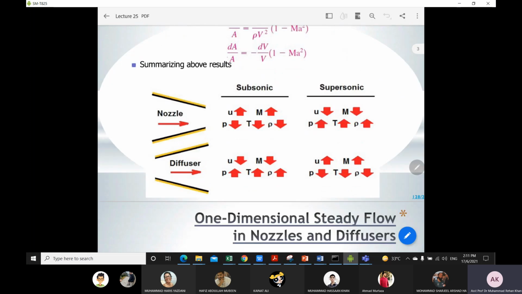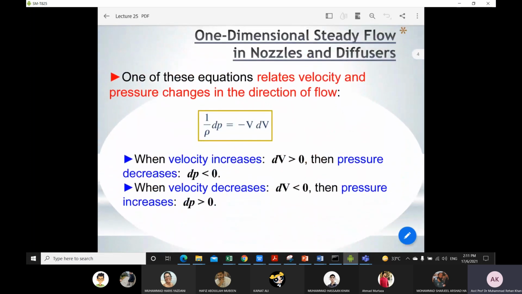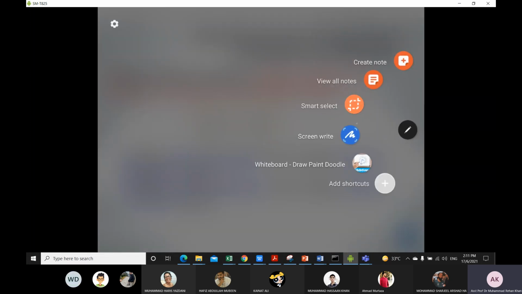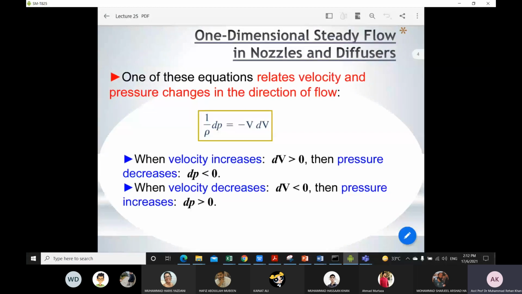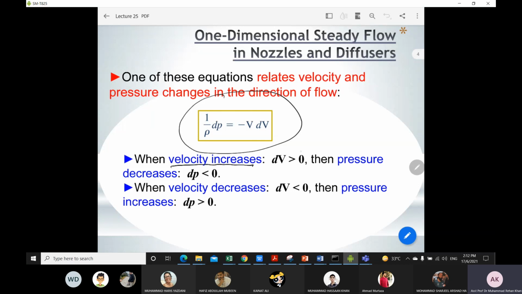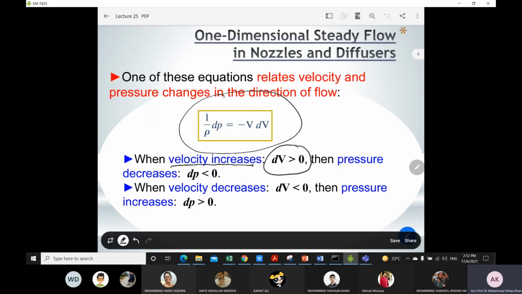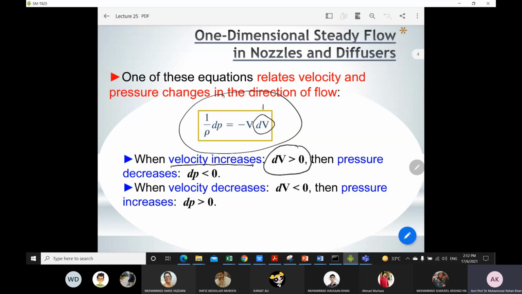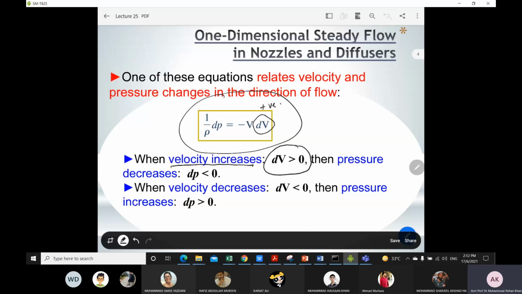Okay, so first thing is that you already know this relation which we developed in the last lecture, I think 1 over rho dp is equal to minus v dv. From this relation we get some understanding that if your velocity increases, it means dv is greater than 0, and it is positive. So if this term is positive, your dp becomes negative, less than 0.